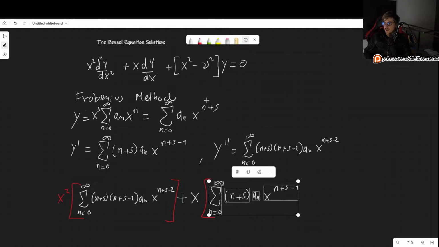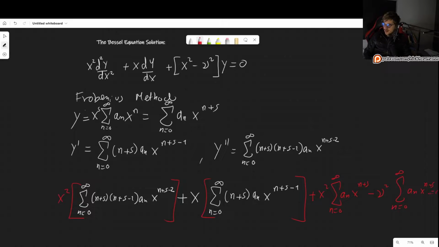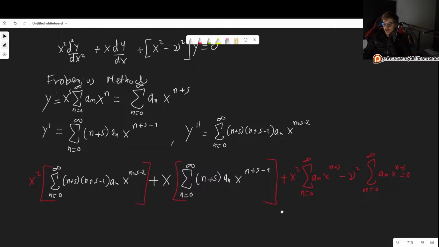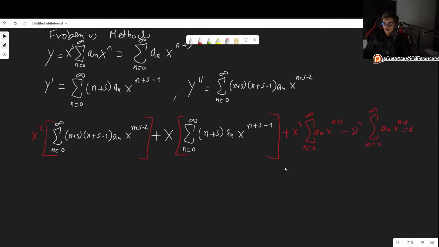There we go. And then we have plus x. Actually, let me write this out. So x squared times y, which is the sum n equals 0 to infinity of an x to the n plus s, and then we get minus nu squared summation from 0 to infinity of an x to the n plus s, and that is equal to 0. Okay, now let's simplify this a little bit.